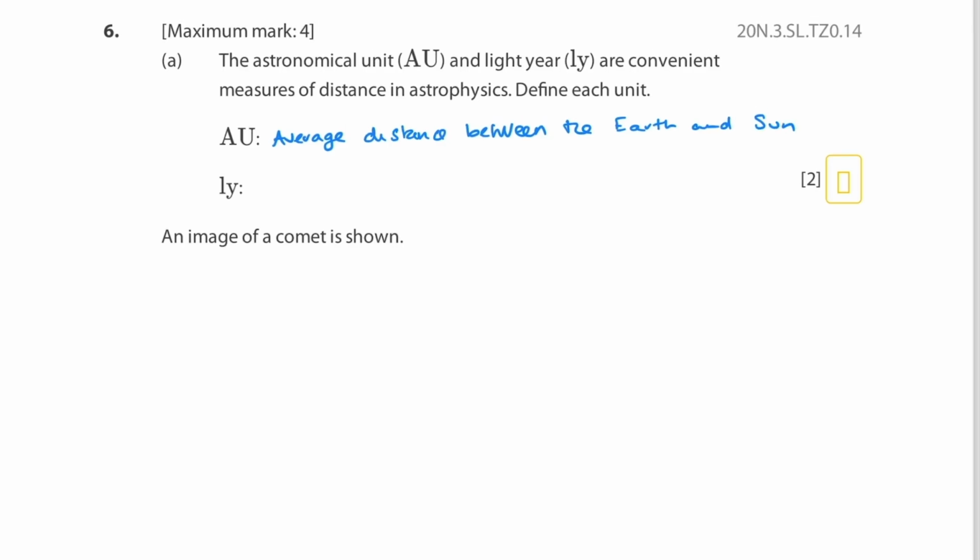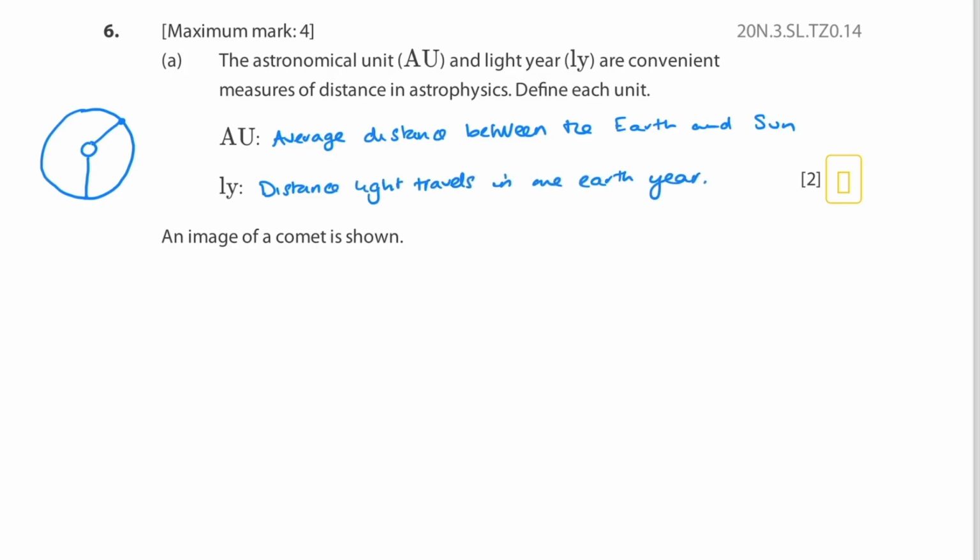Well, if you think about the Sun and then the Earth, it's not quite a perfect circle. It can be elliptical. So at certain points, the Earth might be further away from the Sun than other points. So the average distance between the Earth and the Sun takes into account that slightly elliptical orbit of the Earth around the Sun. Light year is the distance light travels in 1 Earth year.